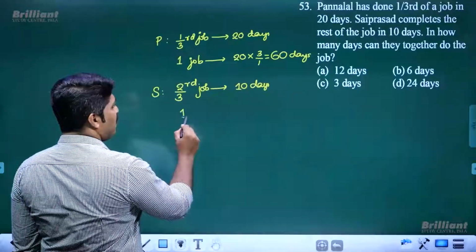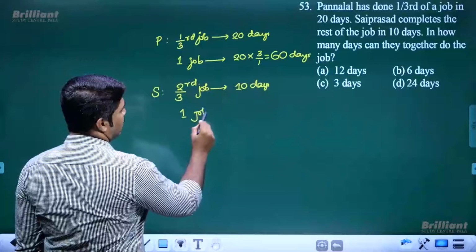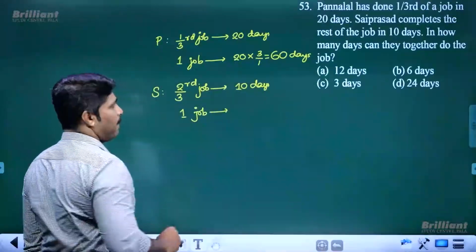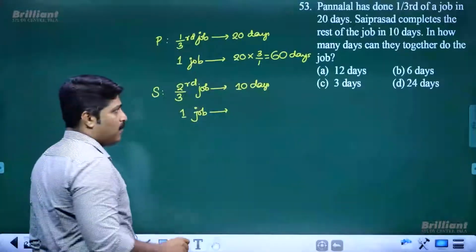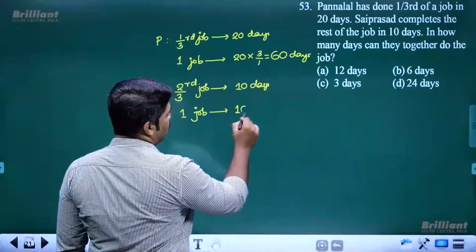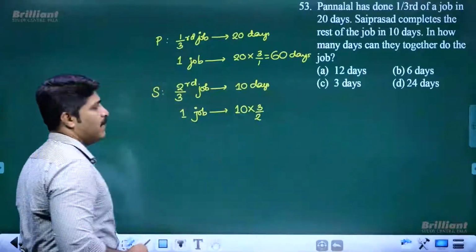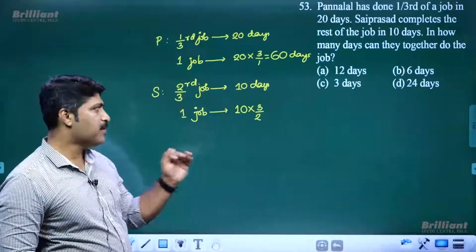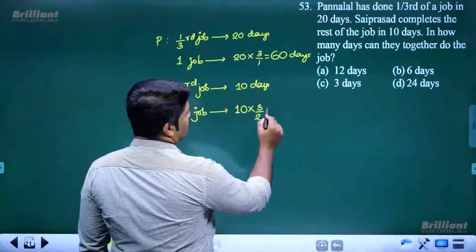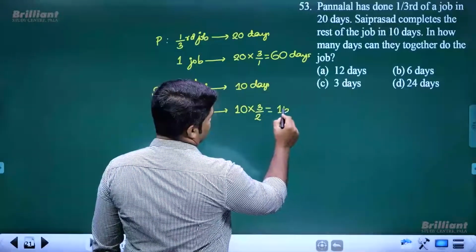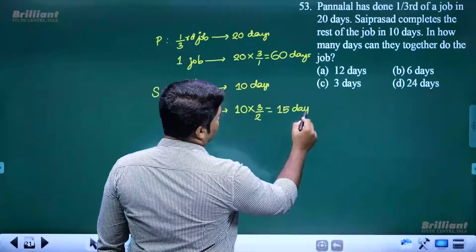Then one full job, in how many days can Sai Prasad complete it? Like our previous approach, here you have to multiply with the reciprocal of 2 by 3. That means 10 into 3 by 2. What is 10 into 3 by 2? That is 15 days.